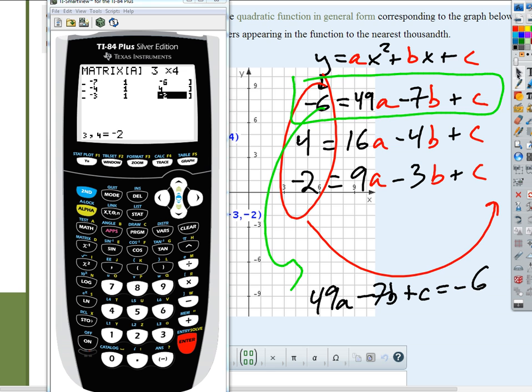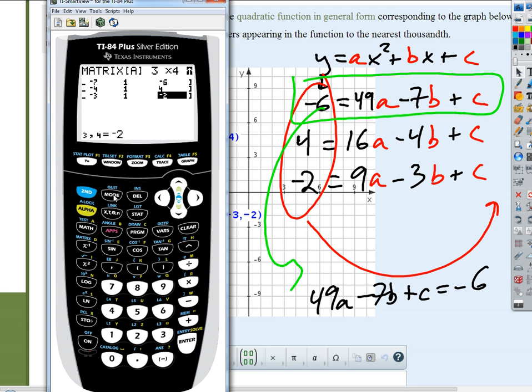And so then if I just finish that up, if I quit and go back to matrix, math, scoot up to RREF. So put it in reduced row echelon form, matrix, A. So there are my answers for this one.